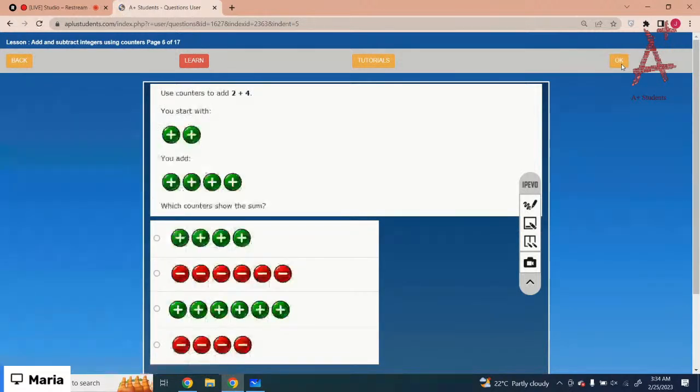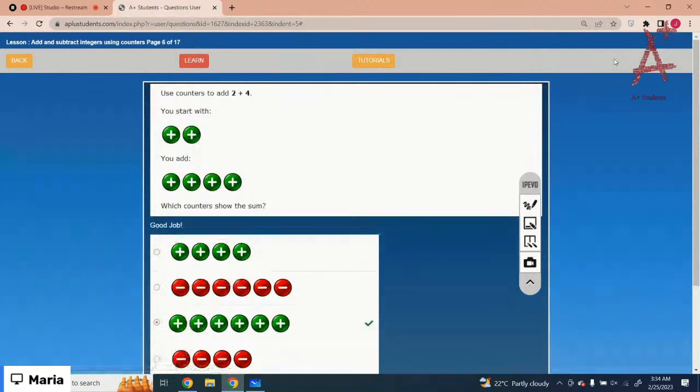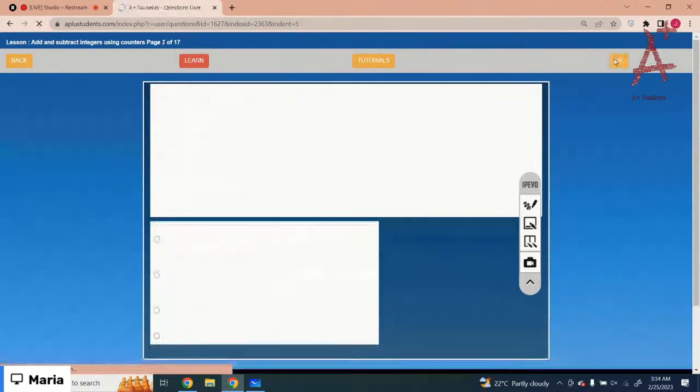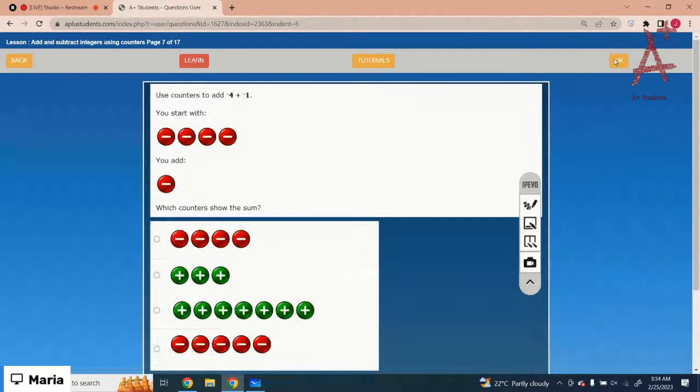Okay, the next one is 2 plus 4. Which is the correct option? 2 plus 4 equals 6. Got it? Positive 6. So all the counters are positive. That would be option number 3. Very good. Okay, the next one is -4 plus -1. So which is the correct option?